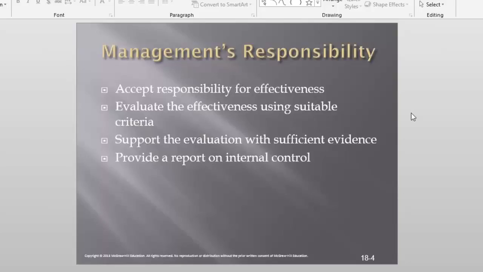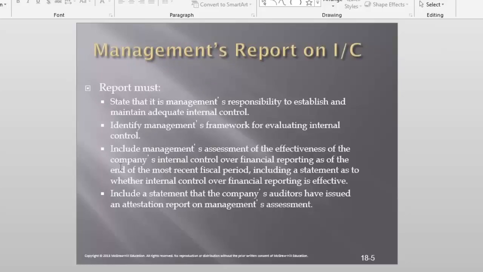So basically what we're talking about here is that management is specifically required to conduct control testing related to the controls over financial reporting. And that then becomes the basis of their presentation at the financial statement level related to internal controls. So this report must state that it's management's responsibility.